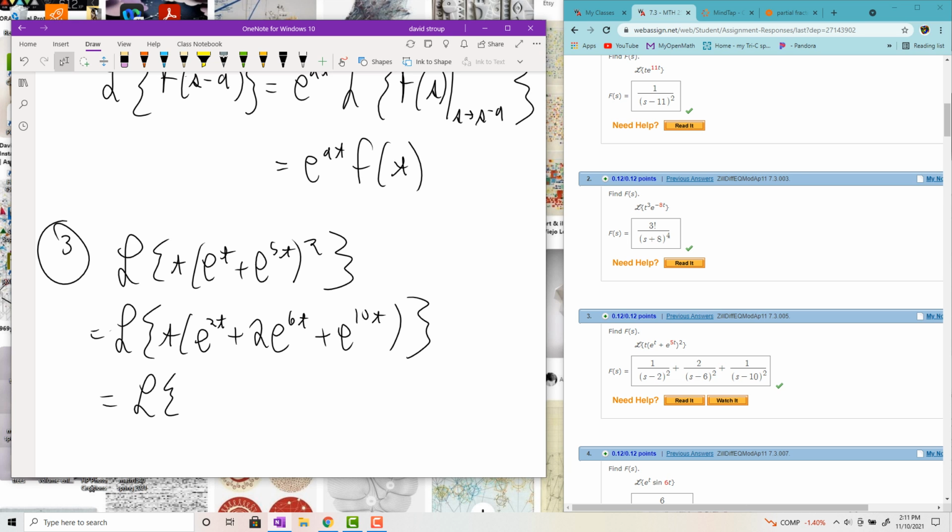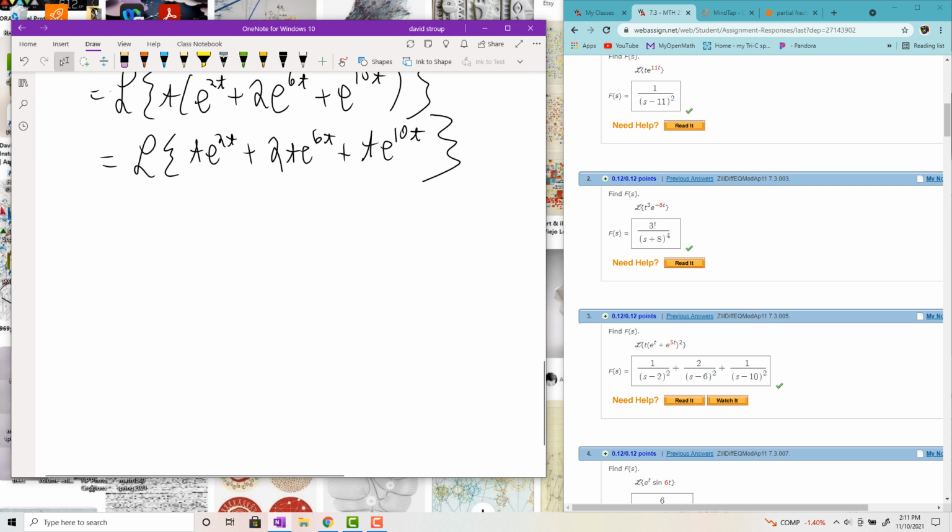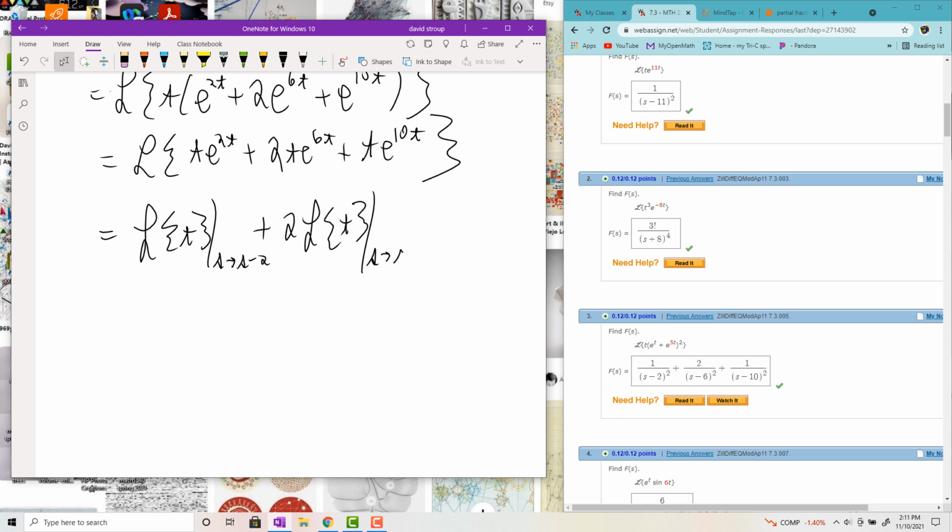You can then distribute, so you get t e to the 2t plus 2t e to the 6t plus t e to the 10t, and then do your shifting here. So this will be Laplace of t, but you have to remind yourself to shift s over to s minus 2, plus 2 Laplace of t, where we're shifting s over to s minus 6.